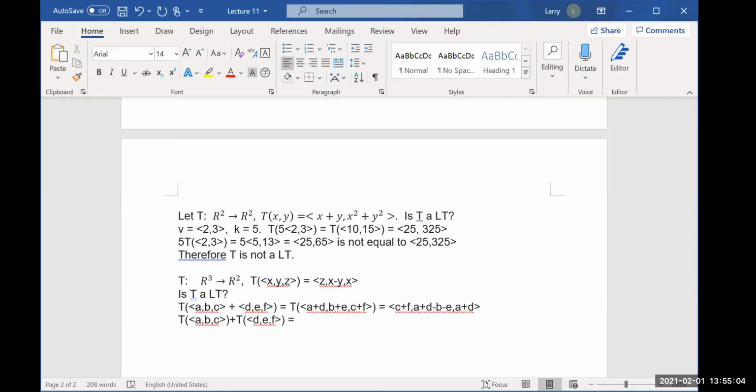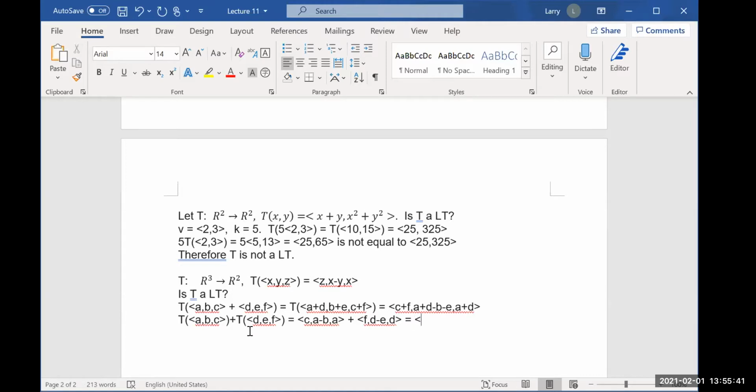So let's do it. That's equal to, well, I need to grab the Z, or C in this case. And then X minus Y is A minus B. And then X was A. And then plus T of D, E, F, the first new component will be F, because that's our Z. And then X minus Y is D minus E. And then X is D. And then I add the two vectors.